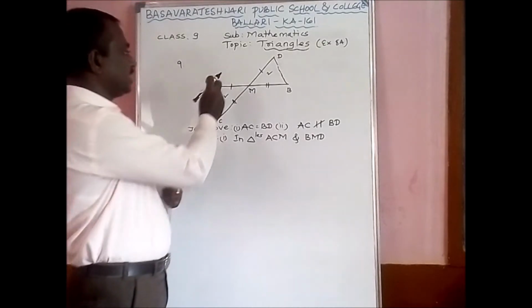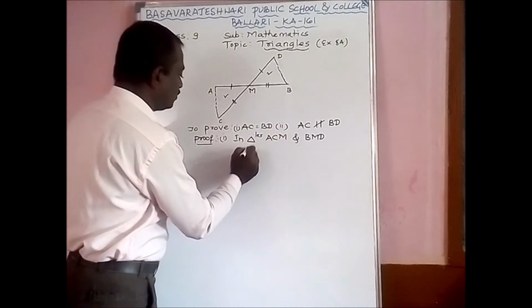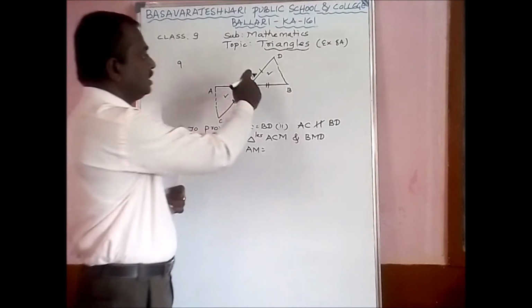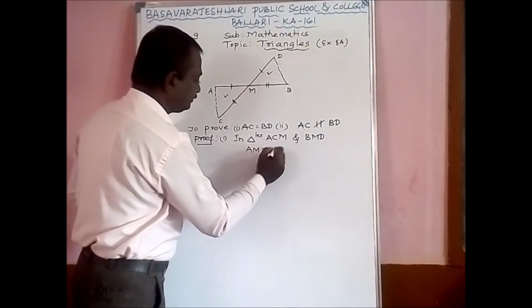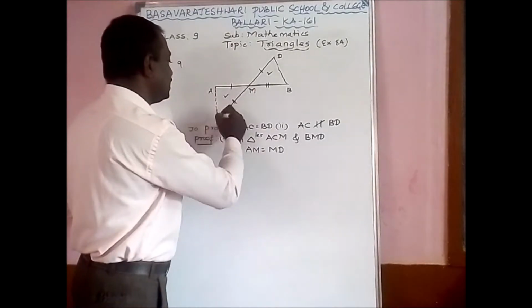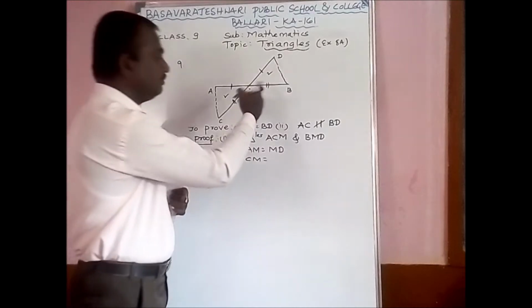Now already they have given some sides are equal. AM is equal to MD. Similarly, they are told CM is equal to BM.